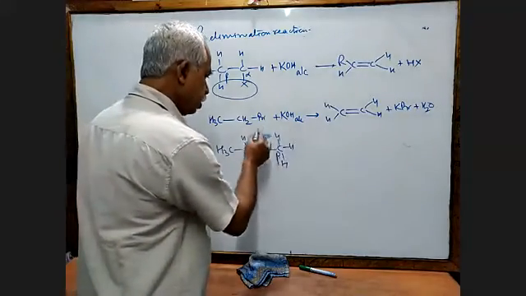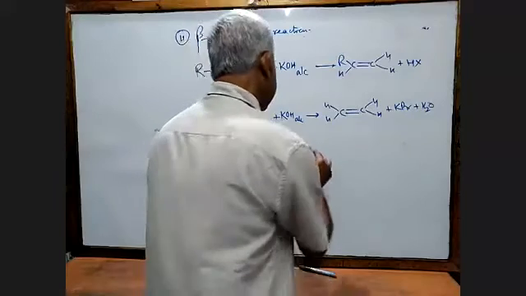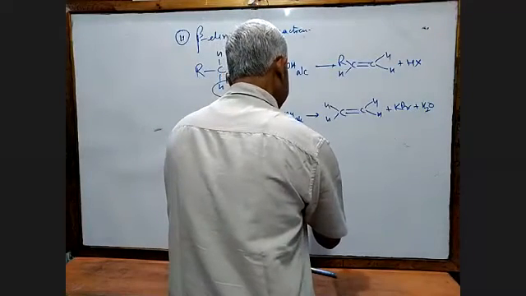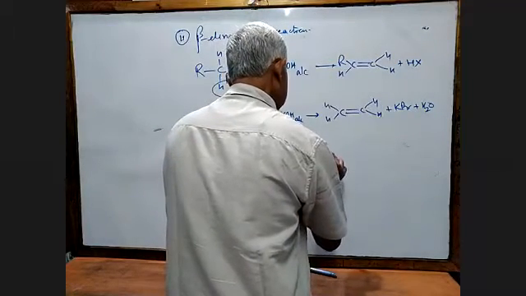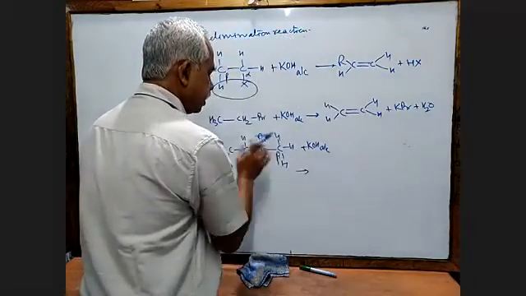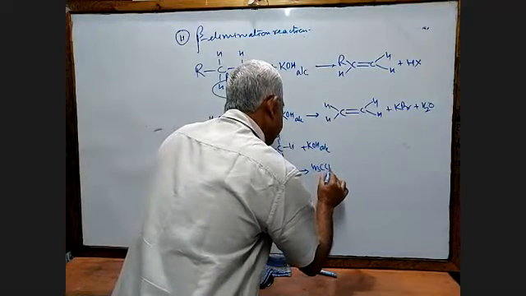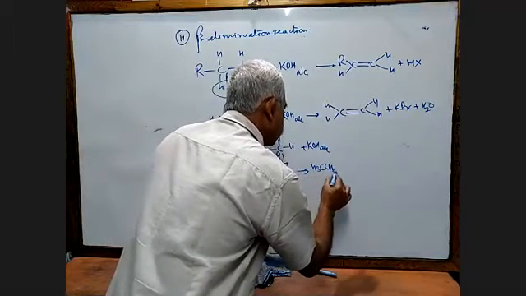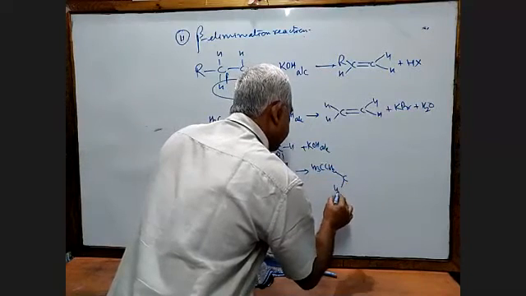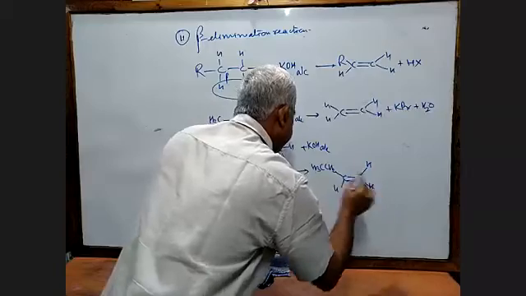So if this goes out, then what should I get? If hydrogen goes from the first and second carbon, I will get here CH3CH2, this is third and fourth, this is second. I will get this.